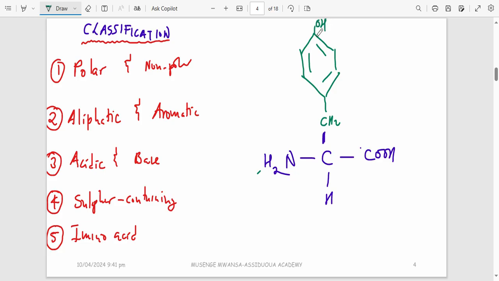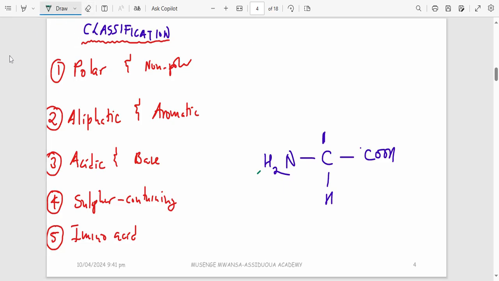Is this one polar or non-polar? It is polar. Why is it polar? Very good. Is it aliphatic or aromatic? Very good. It's aromatic. So that is how you're going to be able to classify it.